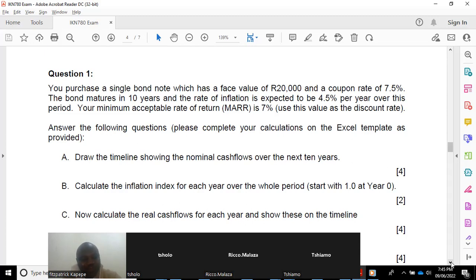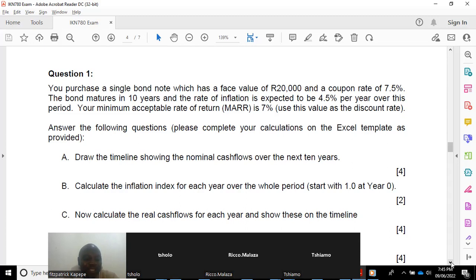So a real rate is one in which inflation has been adjusted. There's an inflation adjustment in your real rate. It assumes that you do not have any inflation. So you have adjusted that and you have a real rate.